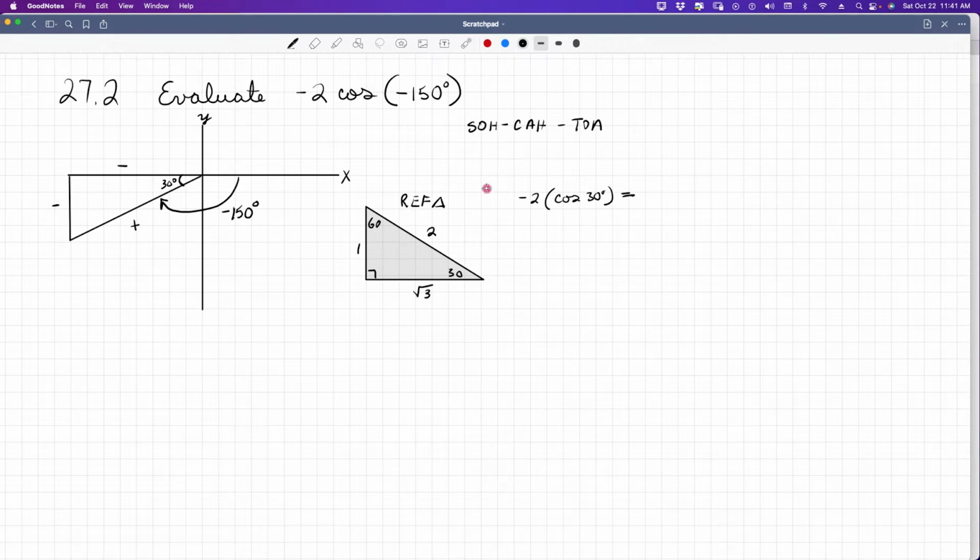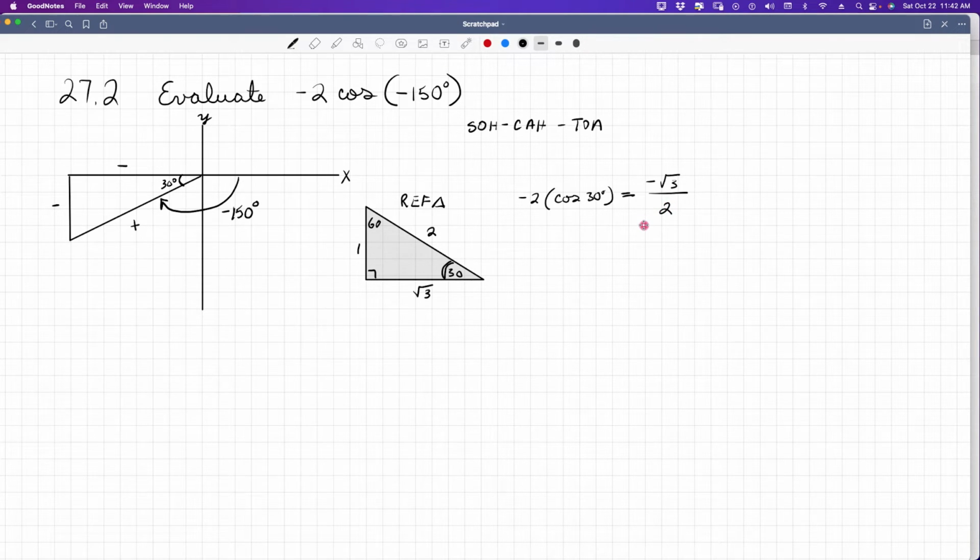So the adjacent of the 30, which is this one right here, is going to be negative square root of 3. And notice both of these are negative, our adjacent and our opposite. So this is going to be a negative square root of 3 over the hypotenuse, which is 2. The hypotenuse is always positive, so it's going to be a positive 2 there.